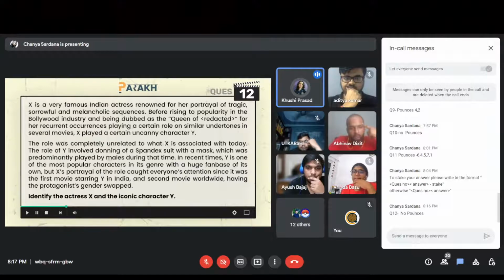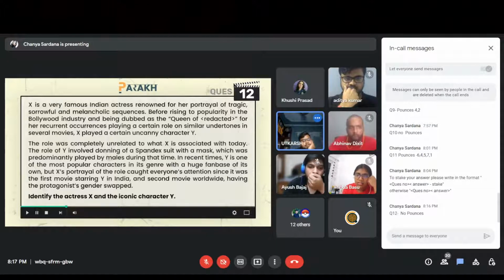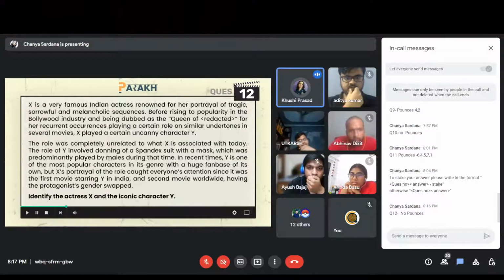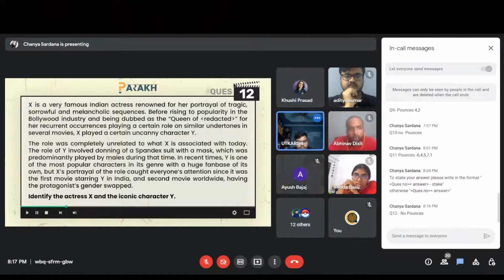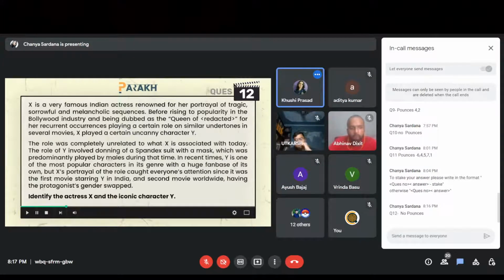Alright, so team 1. For the actress, I'll go with Meena Kumari. And your guess for Y? For lack of a better guess, I'll also go with Indrani. Team 8, your answer?